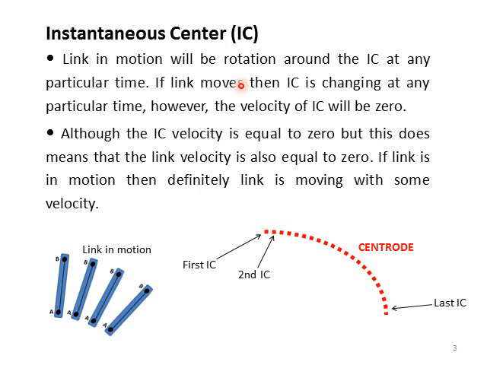For example, at time 2 seconds, when the link has changed its position from time 1 second, definitely it will have certain velocity, but at time 2 seconds, when the link has changed its position but is also rotating around its imaginary axis, the instantaneous center, at that moment the velocity of this instantaneous center will be equal to 0.